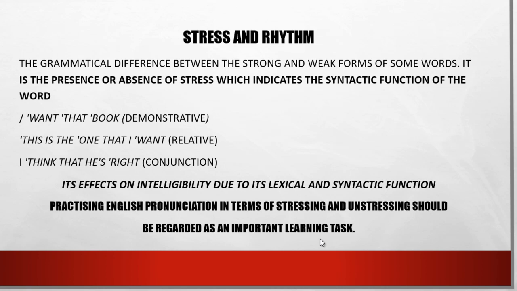For example, the word that, as a demonstrative, always has the full form and is usually stressed. For example, you say, I want that book, but the relative that or the conjunction that always have the weak form. For example, this is the one that I want, or I think that he's right.